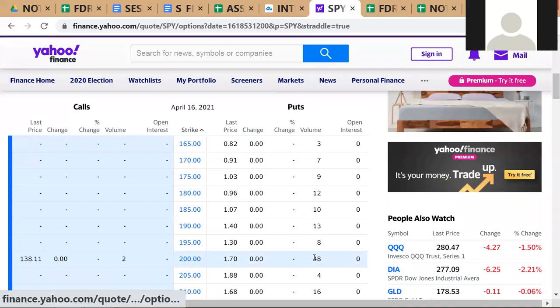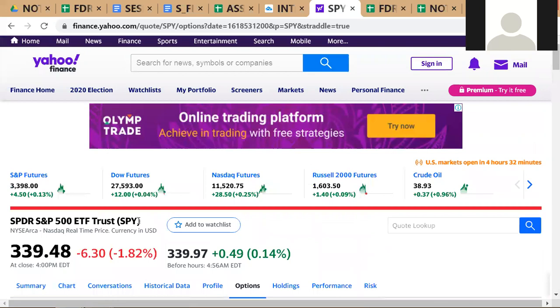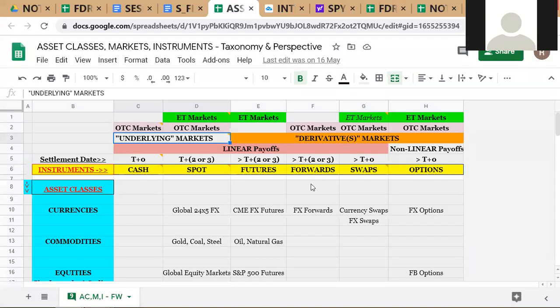And for every derivative market, there has to be an underlying market. And what is that underlying market? That is the stock in this fund, SPY, okay? That is the price of 1 unit of this fund, which is 339. One share of this fund is 339. This is the underlying. Okay, so that's what we mean by underlying markets and derivatives markets.